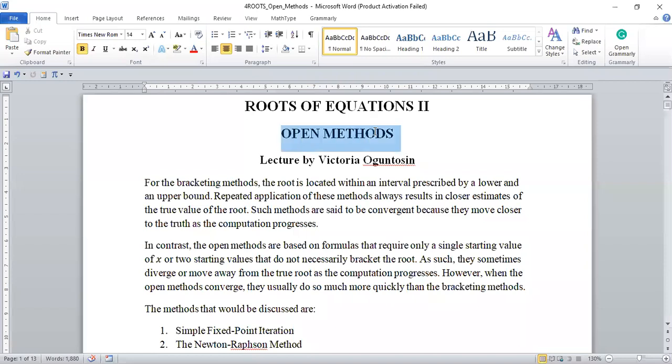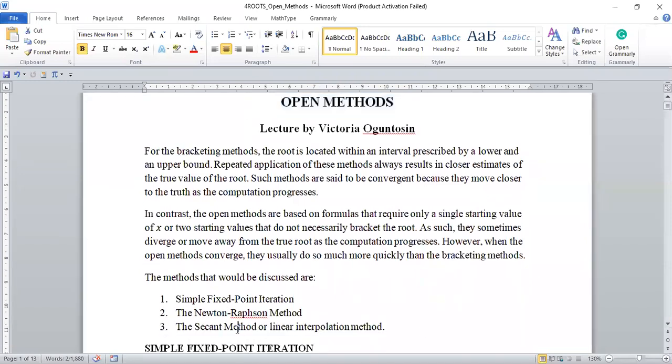But in the open method, you are given just one guess, or in the case of the secant method, two guesses, but the guesses do not necessarily bracket the root. You're not even certain the root is between the two guesses you are giving in the secant method.